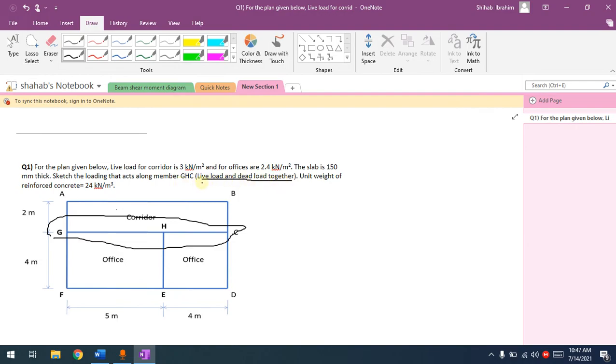We're not going to factor the loads here, we're just adding them together in order to get the result.